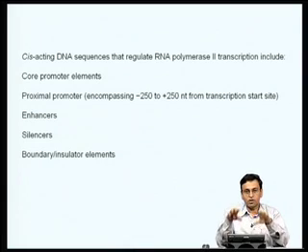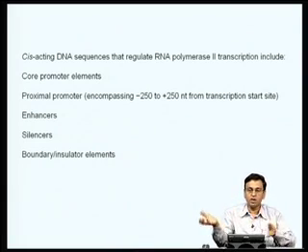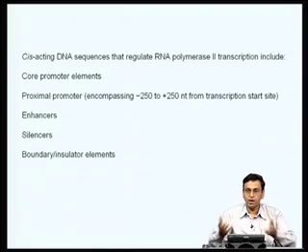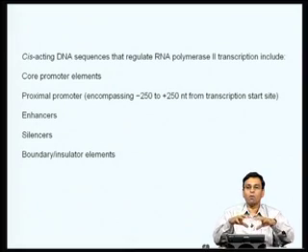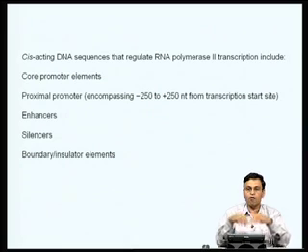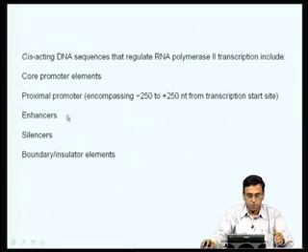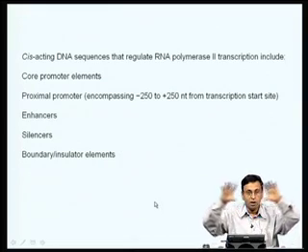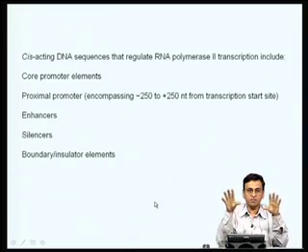So, the promoter is analogous to the cricket pitch, and you have different batsmen and bowlers coming in. In the same way, you have different protein factors which contribute to differential gene regulation, and you also have the close-in field, the outfield, and then the stadium. Likewise, you have proximal promoter elements, distal promoter elements, enhancers, silencers and boundary insulator elements. All these ultimately contribute to the overall regulation of gene expression.